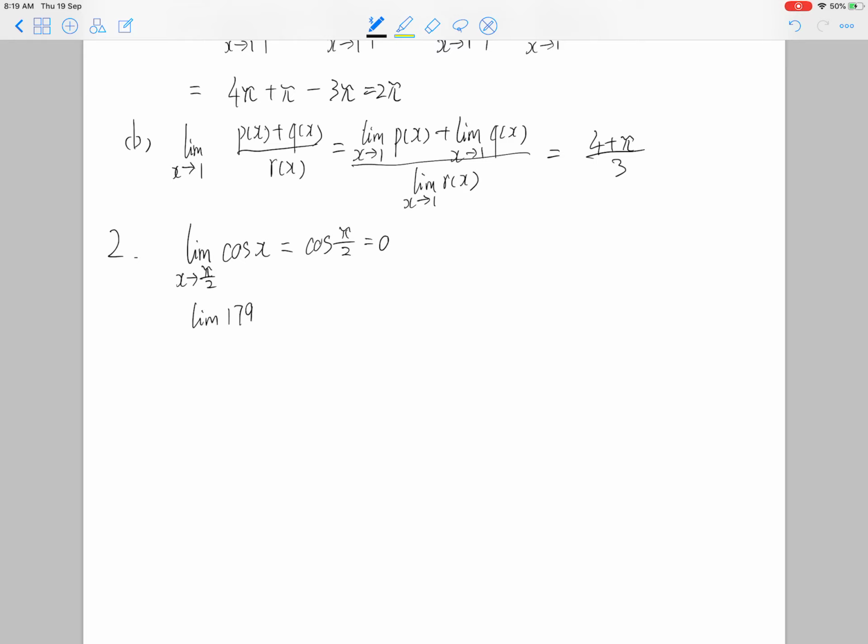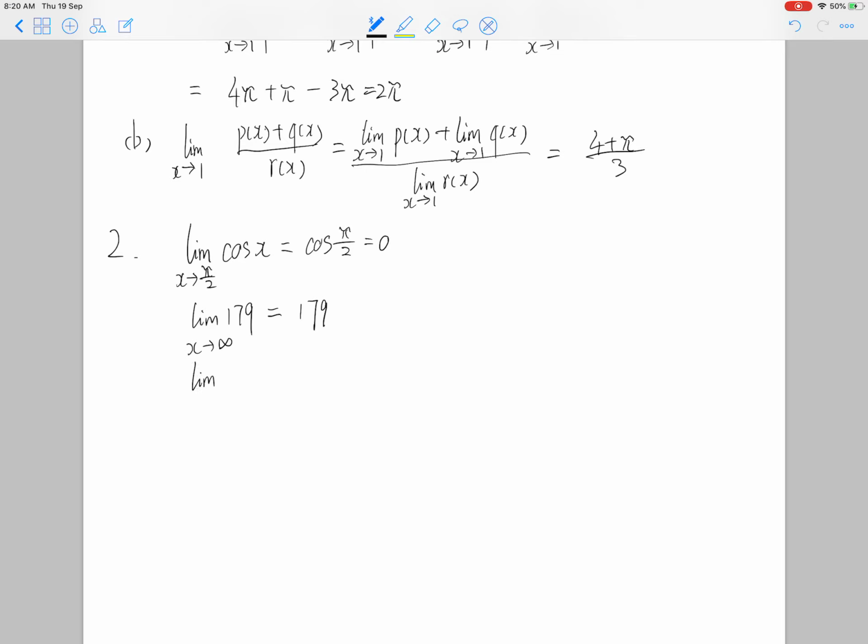Again, 179 is a continuous function when x is approaching infinity, because the limit equals the function's value, and the function's value is always 179. So the limit is 179.